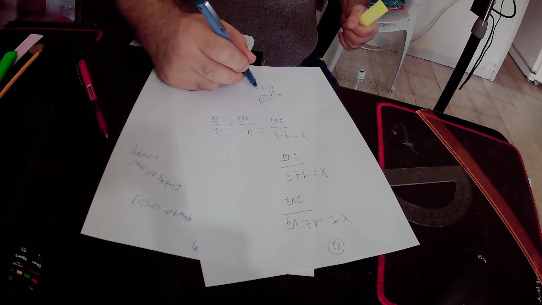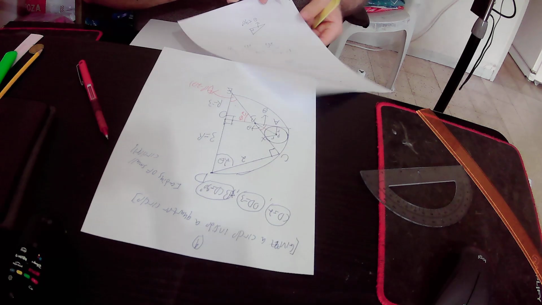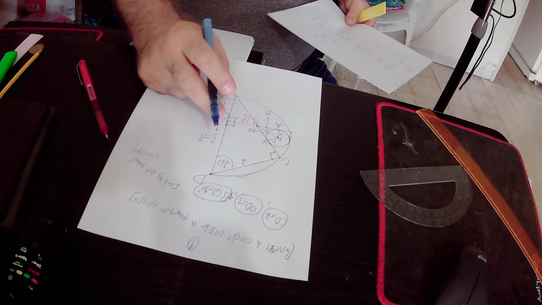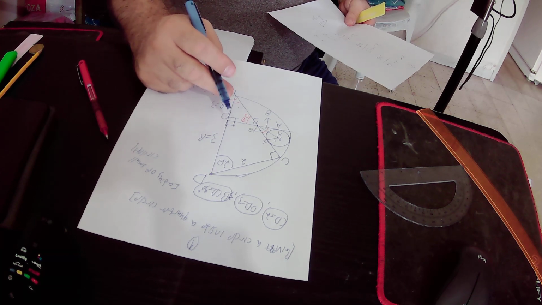Okay, in our triangles, the size of angle theta is less than 90 degrees.